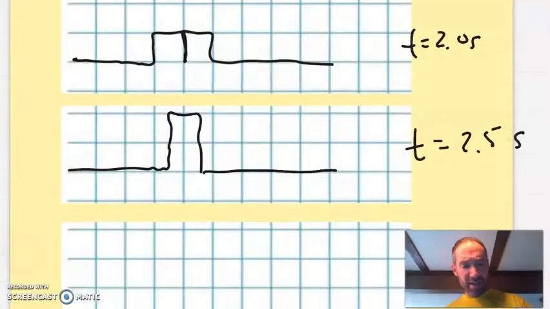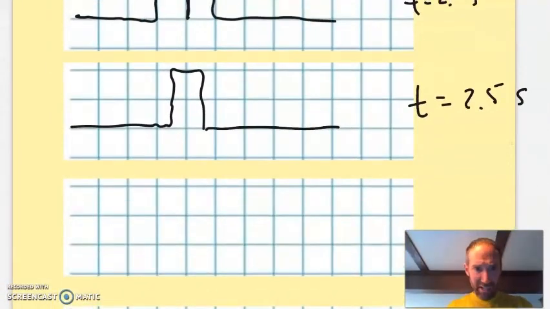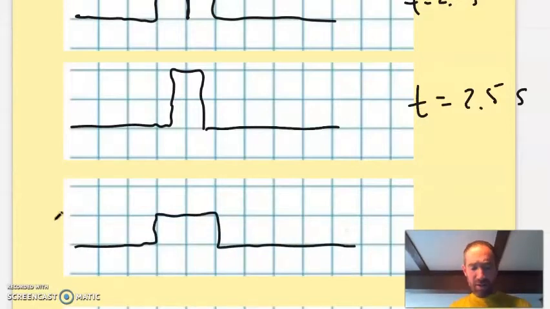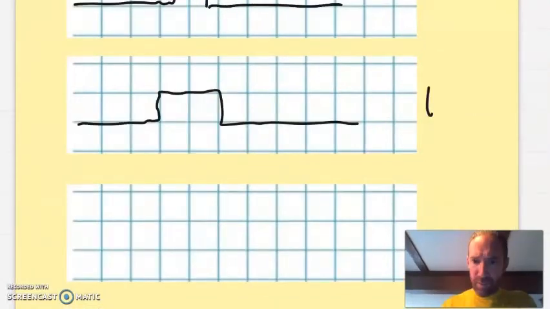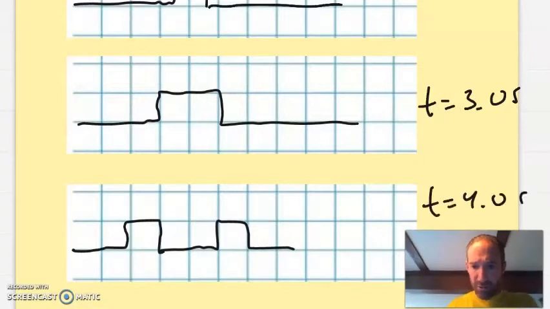Now, in 3 seconds, they're going to be another half a box forward, and so it's actually going to look a lot like that one at 2 seconds did, except the waves will be in different positions. That's 3 seconds, and then at 4 seconds, the wave that started on the far right is going to be right there, and the wave that started on the far left is going to be right there, and that's 4 seconds.